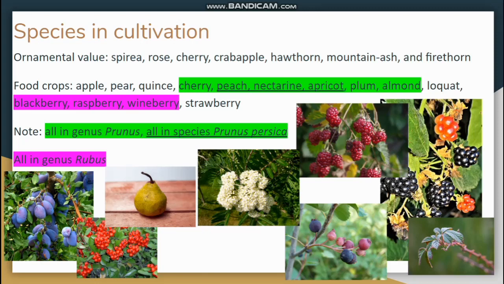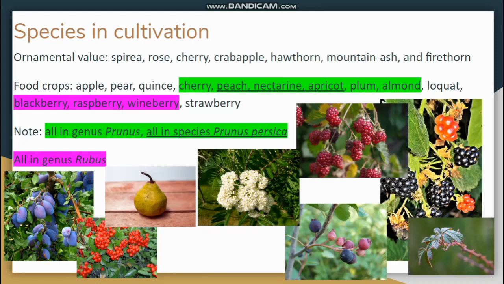You want the flavor and the size and the texture and whatever other features of the plant, and you take a piece off and you graft it. You basically force the roots of the plant you don't want to feed the stem of the plant you do want. So grafting is very common with rosaceous plants.